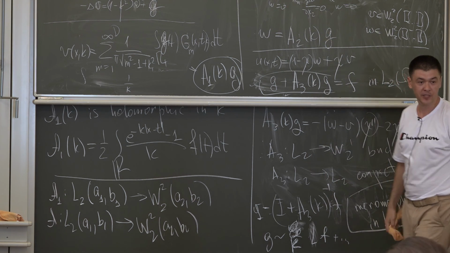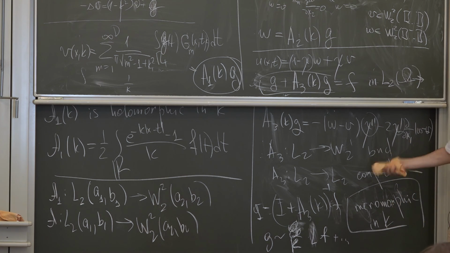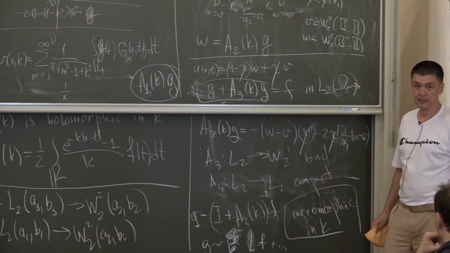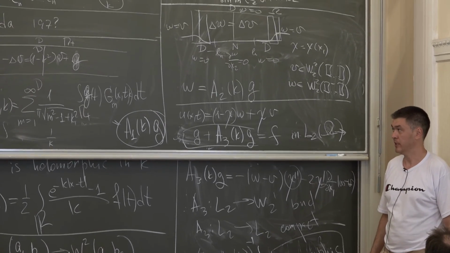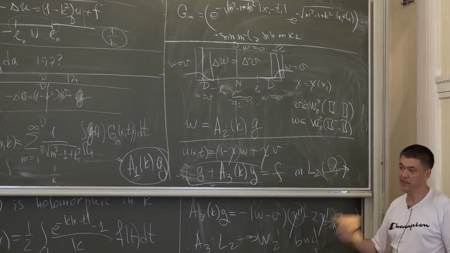And finally, I get that it also has a simple pole. And this is actually the way the meromorphic continuation can be constructed. And this technique is very powerful.